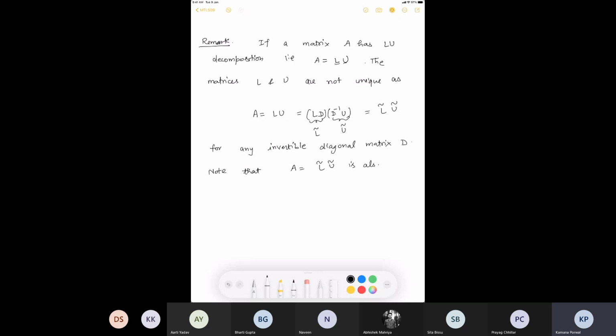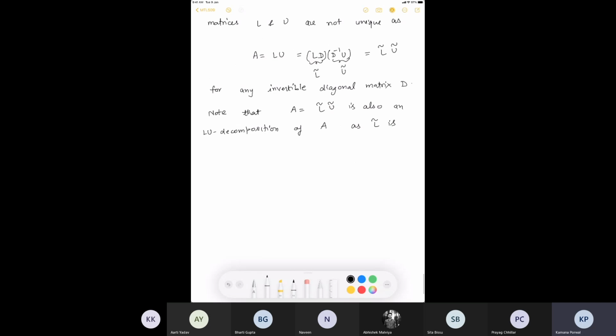This is also an LU decomposition of the matrix A, as L tilde is a lower triangular matrix and U tilde is an upper triangular matrix.